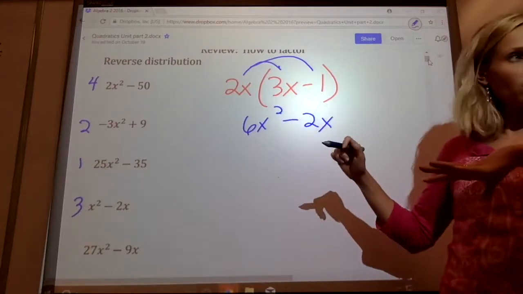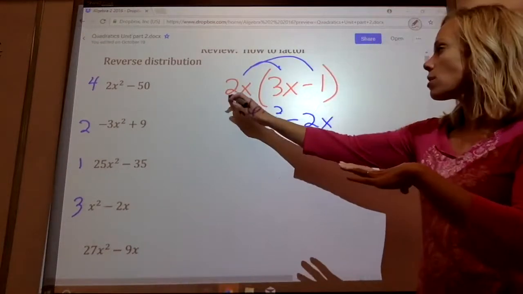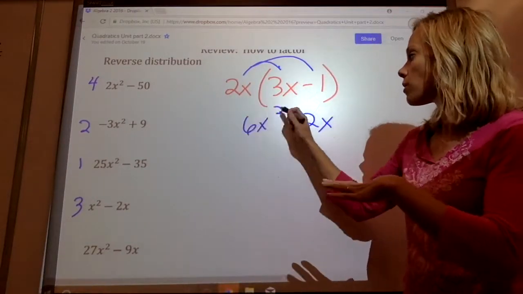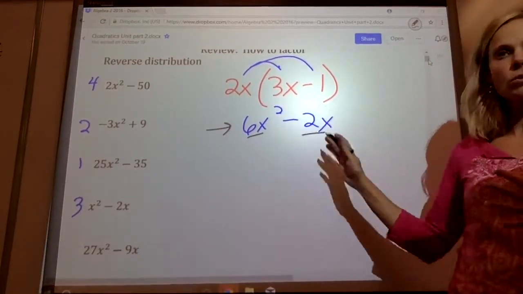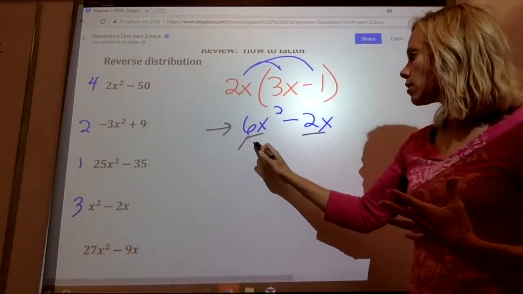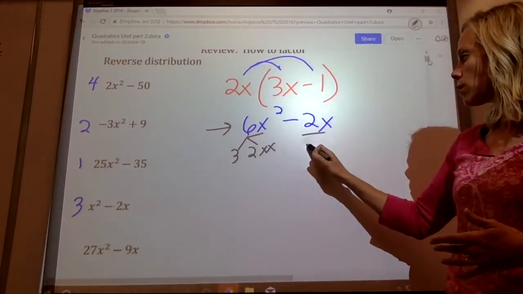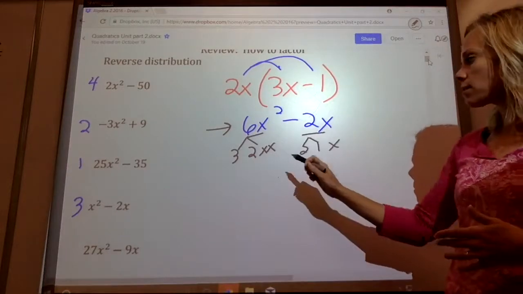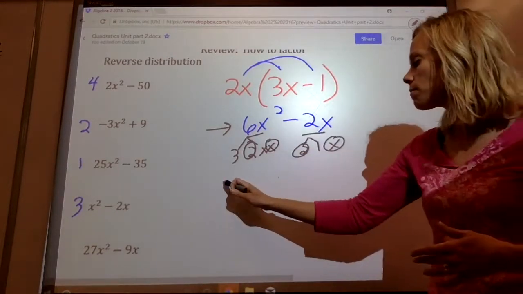So factoring using distributive property means instead of starting with this, you're going to start with this right here and say, what can I factor out of both terms? So I think, okay, 6 is 3 and 2 and 2 x's. 2 is 2 and 1 and 1 x. So I can circle a 2 and an x out of each term.